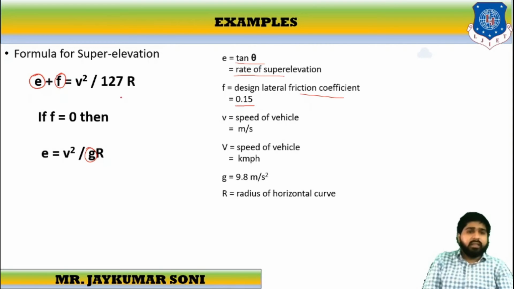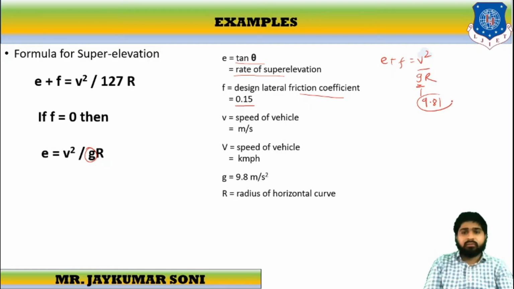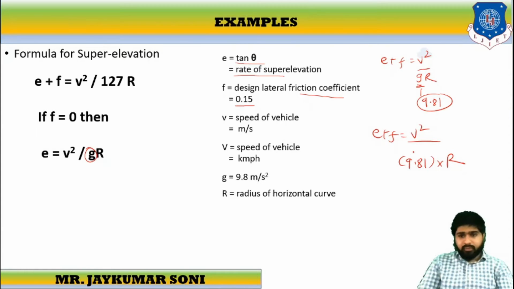So this is the basic equation of super elevation. The basic equation is e plus f is equal to V square by gR. If we put the value of g as 9.81, it will be e plus f is equal to V square by 9.81 into R. And by putting this value, we get e plus f is equal to V square by 127R.